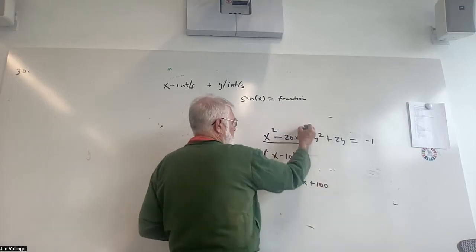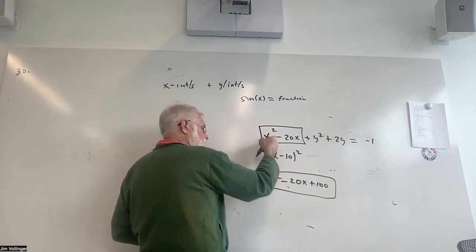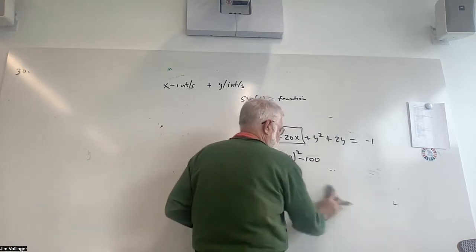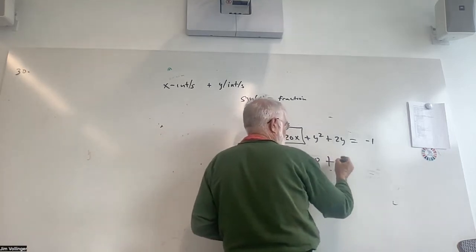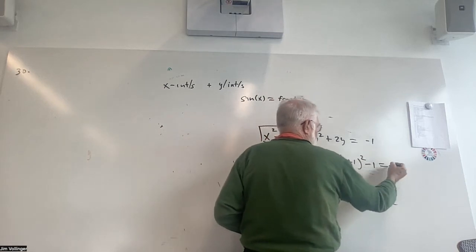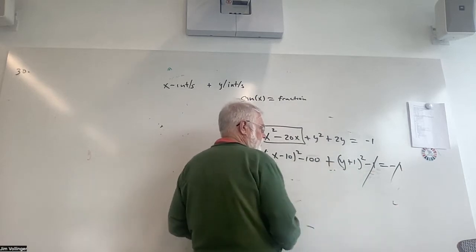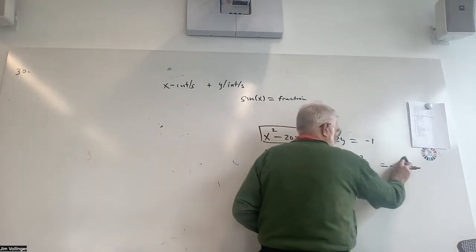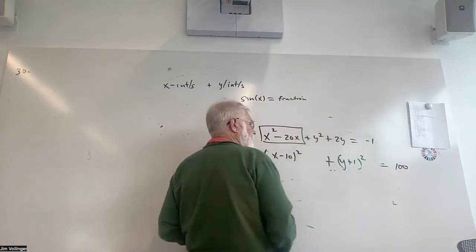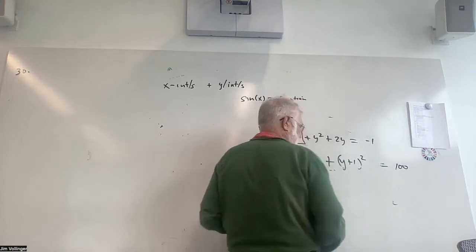But that's not what I started with. I started with that. So that 100's got to go bye-bye. All right. Plus Pythagorean relationship, even off the sides. Minus 1 equals negative 1. Well, I can cancel the negative ones. And I can move the 100 to the other side. And since I got an eraser, that's what I'm going to do. And I hope that you can see the center and the radius. Center, 10, negative 1, radius 10.